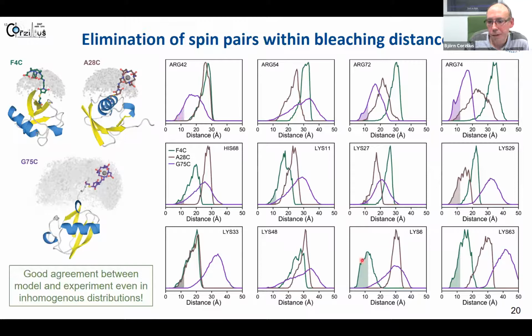You can see here there are a lot of labeling position amino acid residue pairs where the distance distribution extends quite far into these short distances.